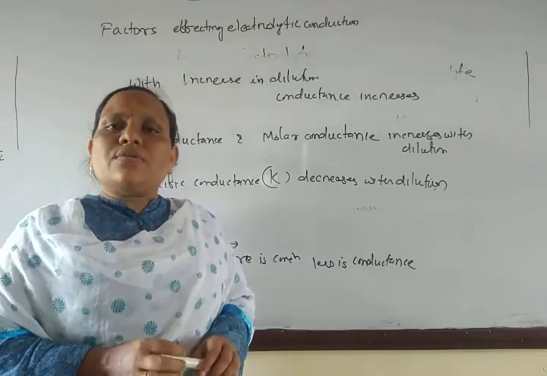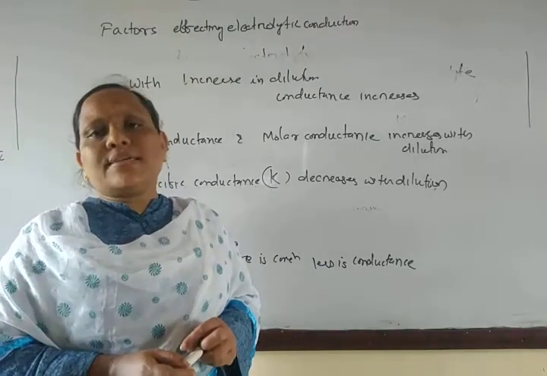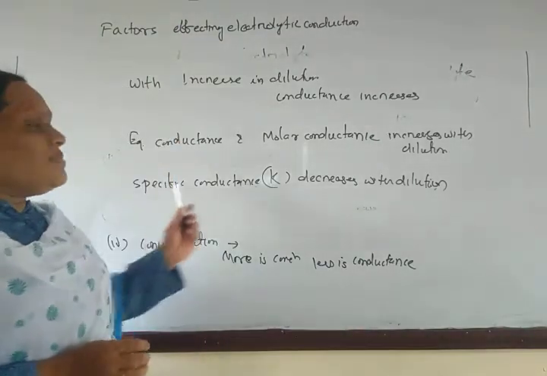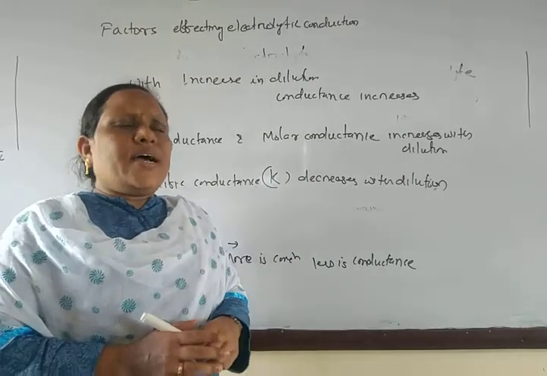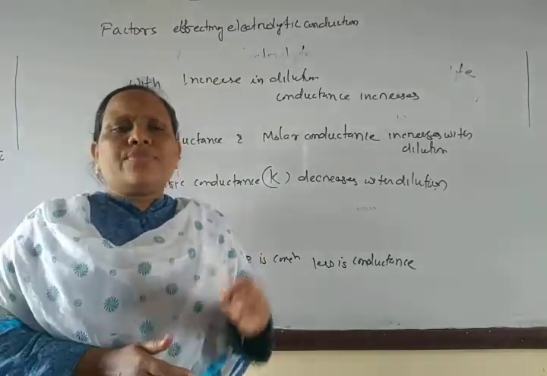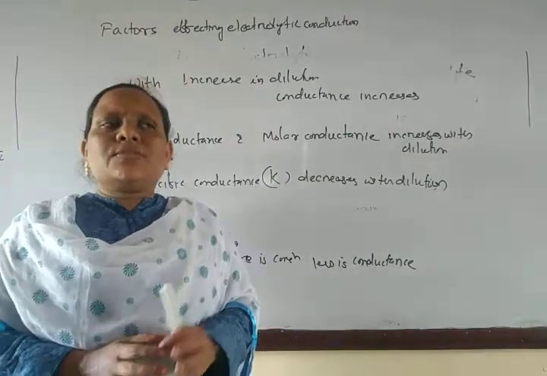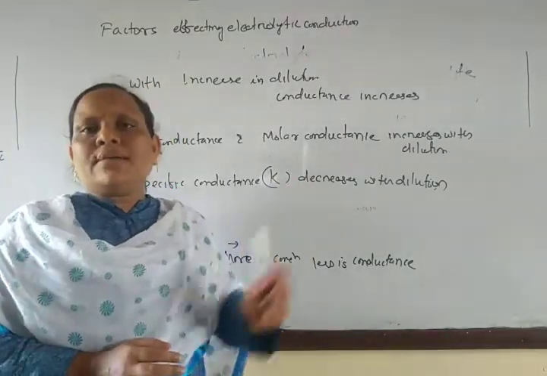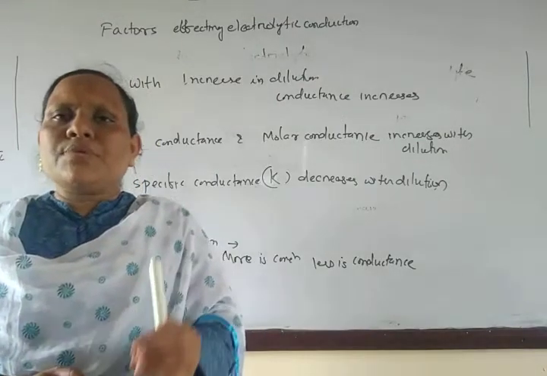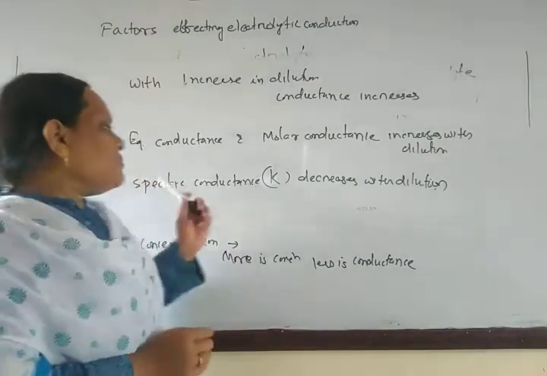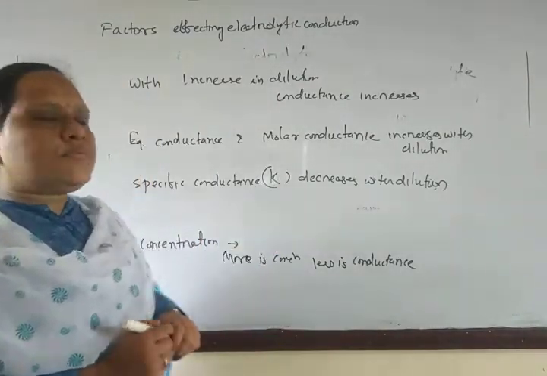The conductance of 1 cm cube of the electrolytic solution is known as specific conductance. So as you dilute the solution, the number of ions per unit volume decreases. Hence, specific conductance decreases with dilution.